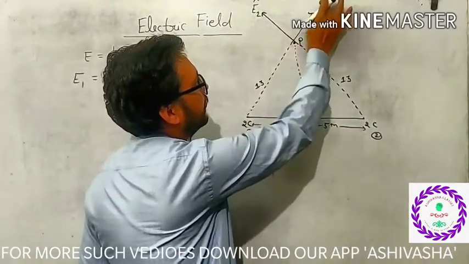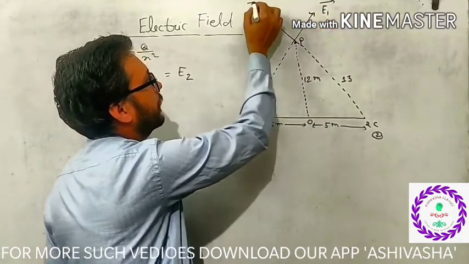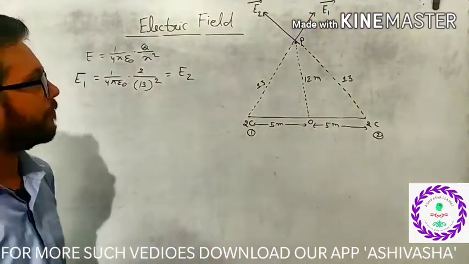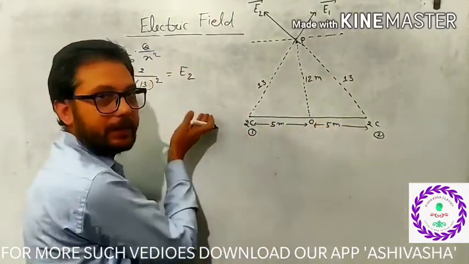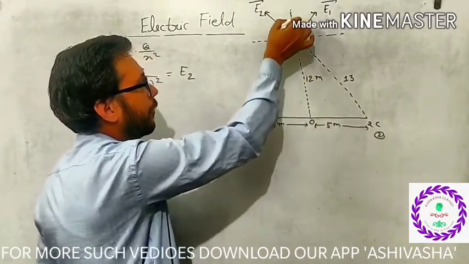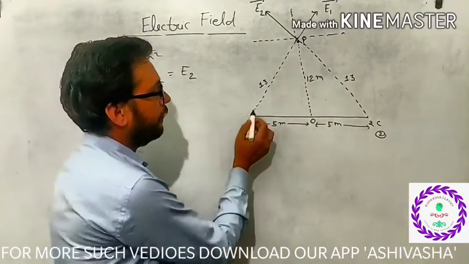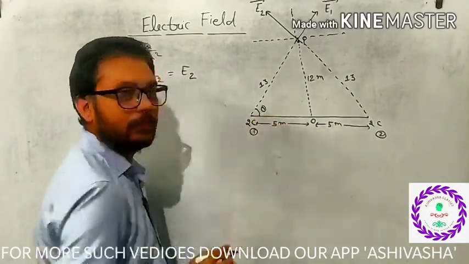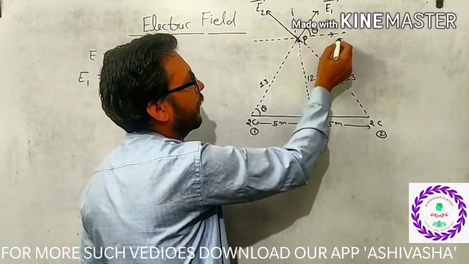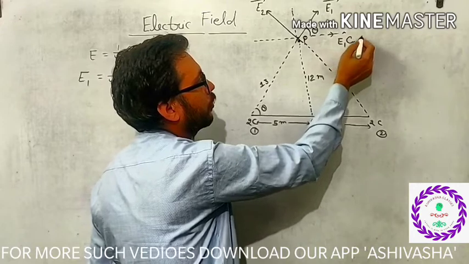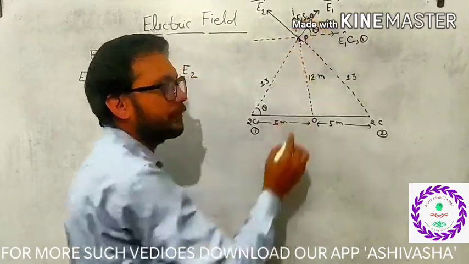Let us suppose this is the E1 vector and this is the E2 vector. Now we draw a line parallel to the baseline, and this is the perpendicular line, as you see here. If we consider this angle as theta, then this must be theta. So it has two components, E1 cos theta and E1 sin theta.